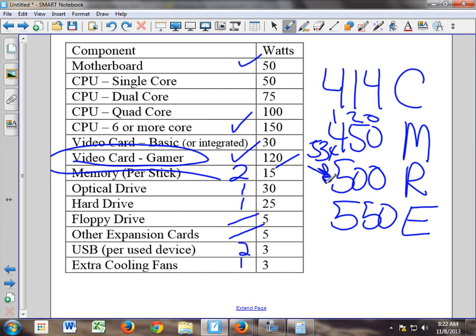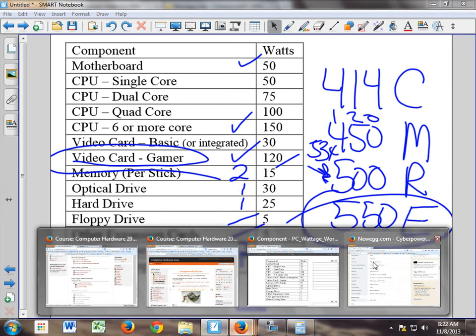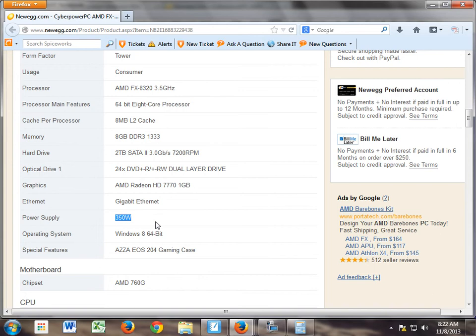Whereas if I got an efficient one, I'm still okay. It's still not going to burn up. So that's where I would shoot for if I was a gamer. Especially because a gamer one's going to use more power. You're going to use your CPU at a higher rate, so I want to be more efficient, okay? And this one only had a 350 watt.